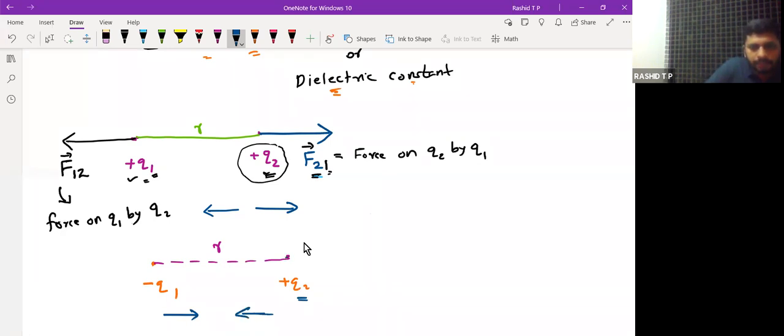Therefore I can draw the force direction towards q1. This is the force experienced by charge 2 because of 1. And the force experienced by charge q1 is this one, due to 2.